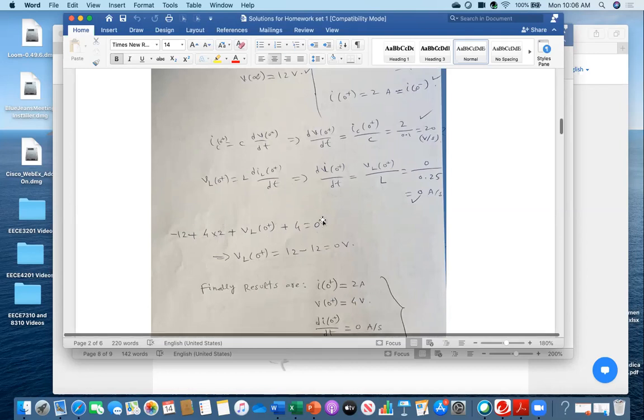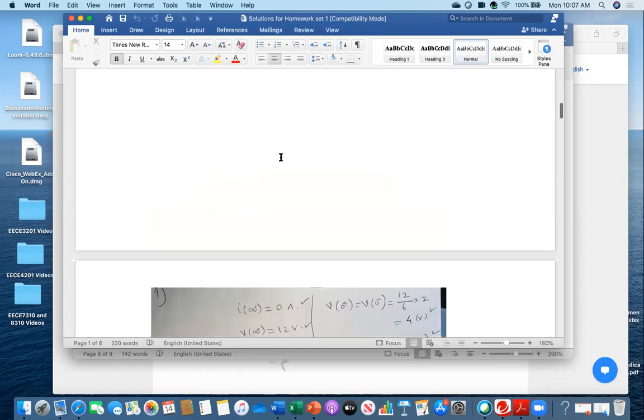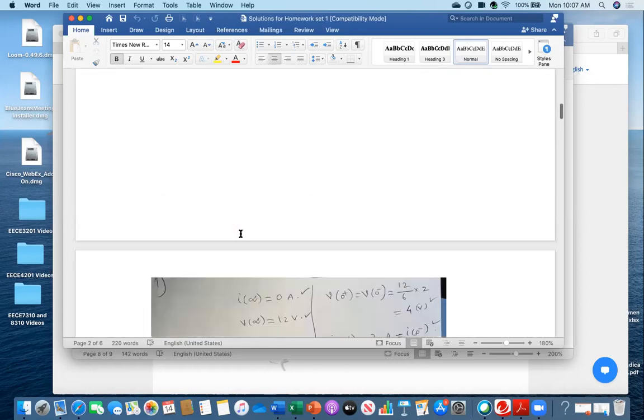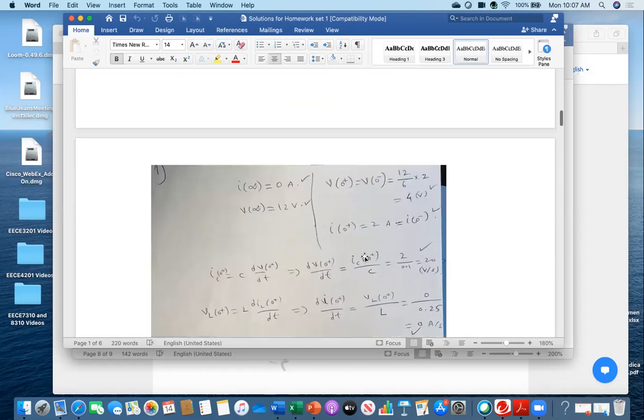Now in this circuit, in this loop, apply KVL, Kirchhoff's voltage law. Because this is minus to plus, plus minus, plus minus, I have written by KVL: minus 12, plus 4 multiplied by 2, because the current I0 plus was 2 ampere.